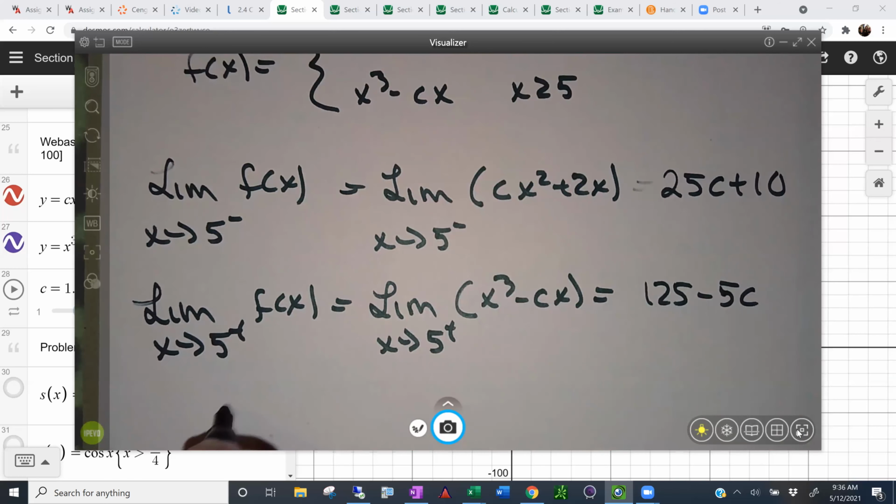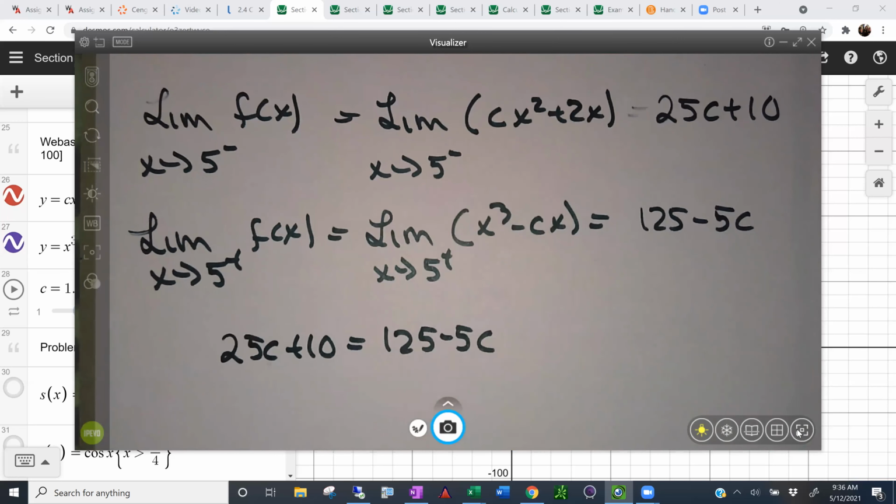That's going to mean 25c plus 10 equals 125 minus 5c. And now it's just a matter of solving. I'll add 5c to both sides. That gives me 30c. I'll subtract 10 from both sides, equals 115. So c equals 115 divided by 30.